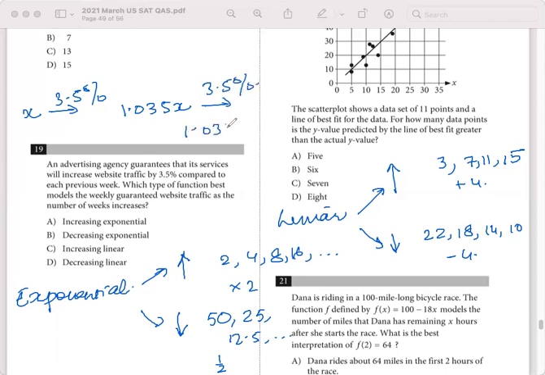So it's 1.035 the whole squared into X and so on, right? So basically, we see that with percentage increases, the value keeps getting multiplied by the same ratio. In this case, it is 1.035. And so this is increasing exponential. Option E.